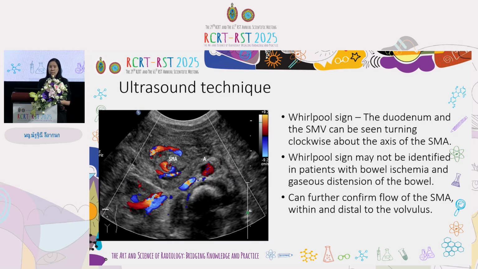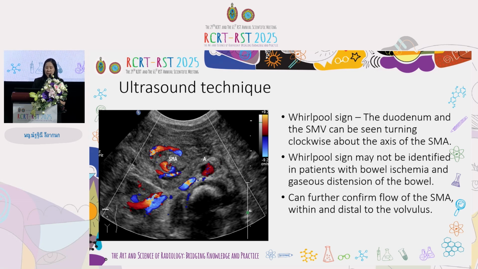An upper GI study is typically performed in cases suspected of midgut volvulus. However, ultrasound can also be used as a diagnostic tool, offering the benefit of no radiation exposure. On ultrasound, you can see the SMV twisting clockwise around the SMA, which we call the whirlpool sign.